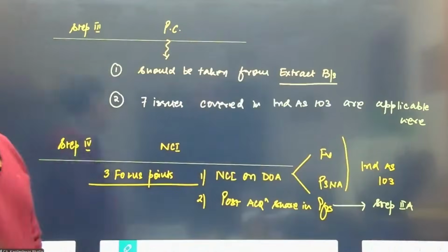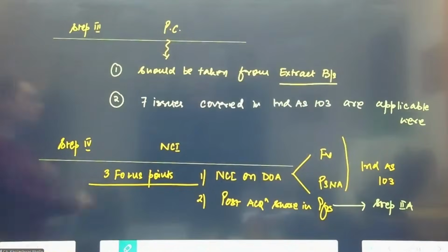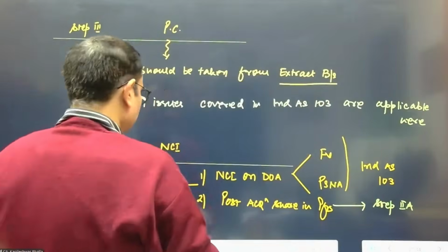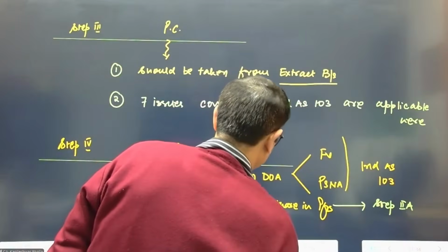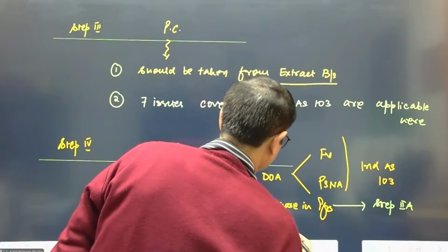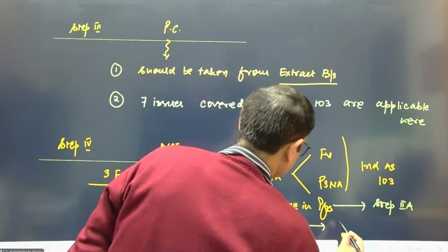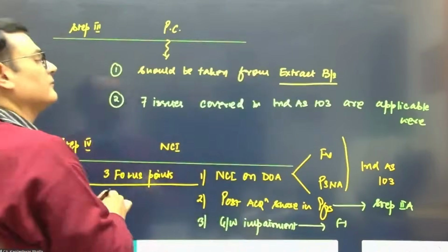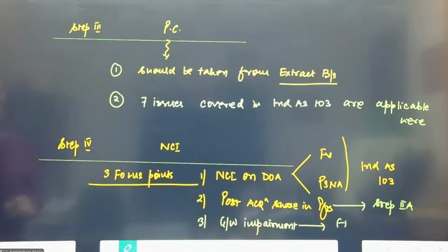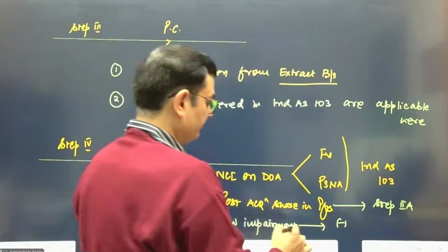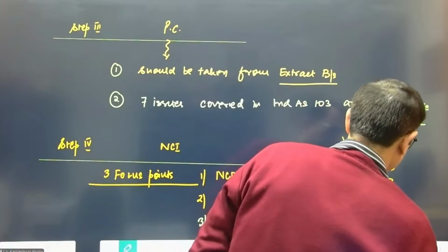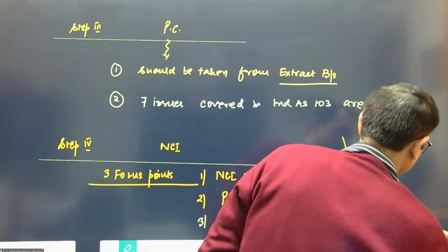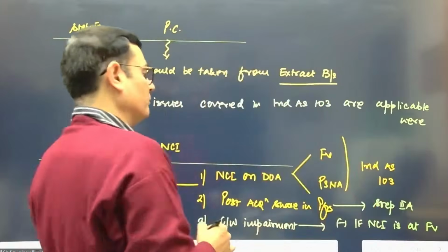We're going to pick up the post-acquisition share in profits. And then comes the third focus point, that is goodwill impairment. So when do you reduce the goodwill impairment? When the NCI is at? Full fair value. Correct. So we reduce it if NCI is at fair value. Otherwise, this reduction will not occur.